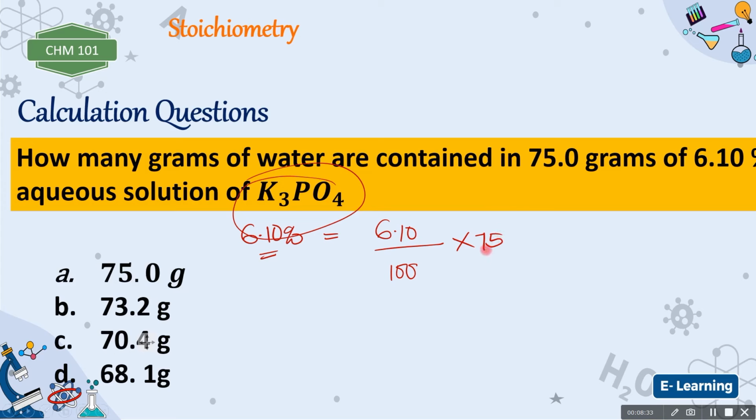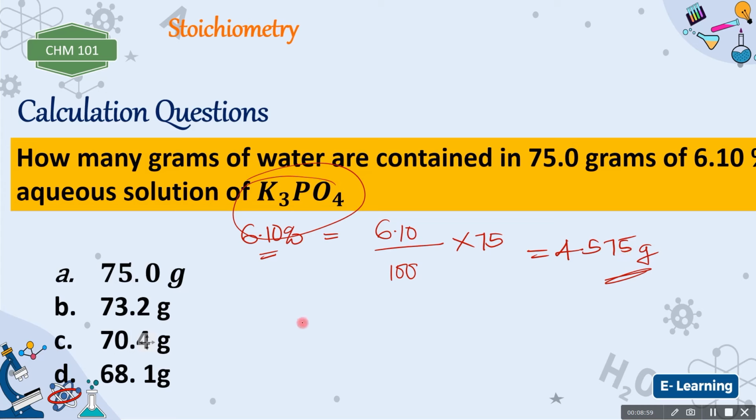So if you press the calculator, 6.10 divide by 100 times 75, that will give us 4.575 grams. So this is the mass of potassium phosphate in 75 grams of this.